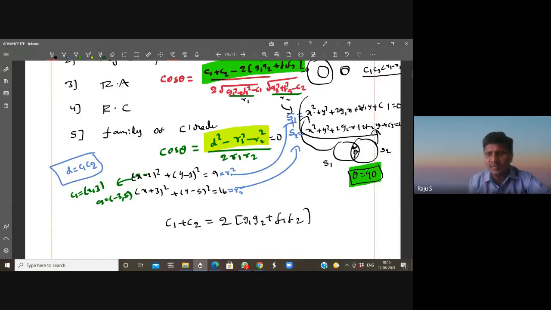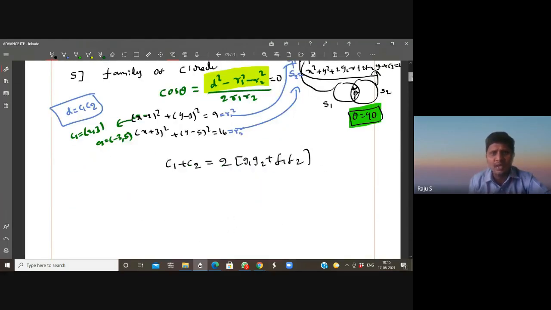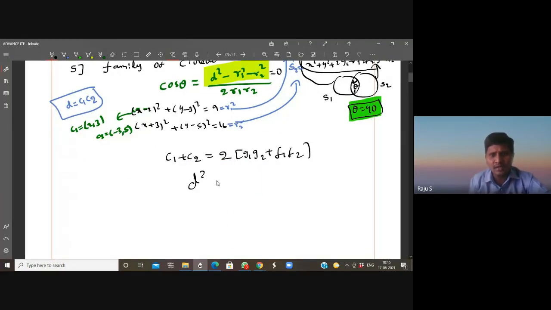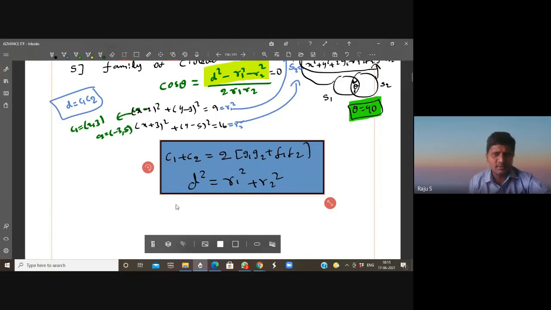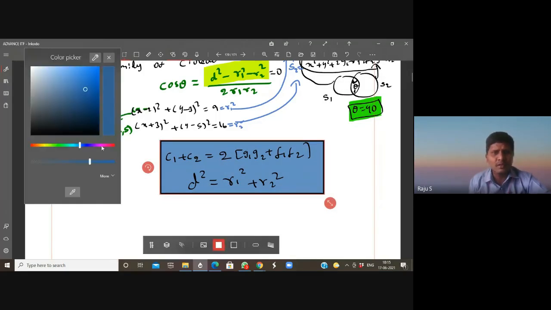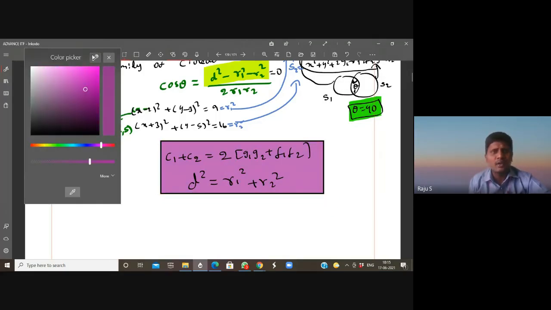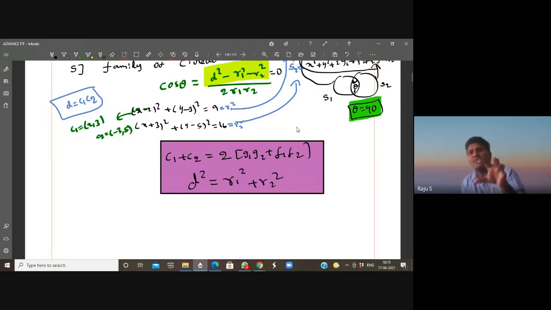When they give central form, here d square is equal to, as I said, numerator equating to 0, so d square is equal to r1 square plus r2 square. Students, everyone must remember these two formulas. It depends on the given question. If they give general form, take the first formula. If they give central form, where the radius is directly given on the right side, take the second formula.